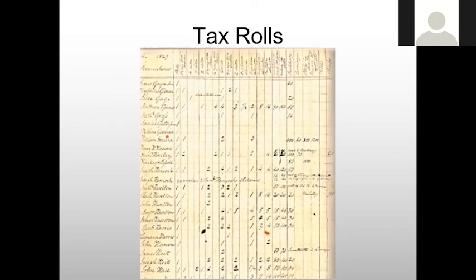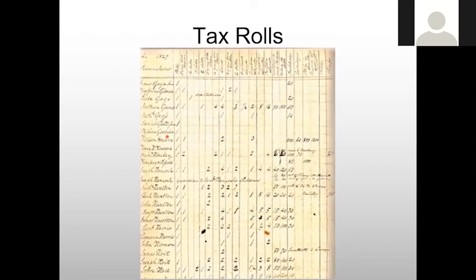This would usually tell you when a son turned or attained his majority. He might not be on a tax roll in 1759, but by 1760, he's on a tax roll, which means that he attained his majority. You then have to realize what was the age of majority for that particular state at that particular time.